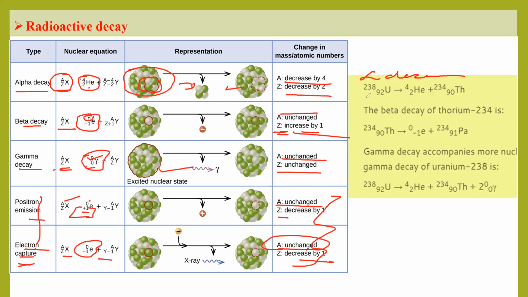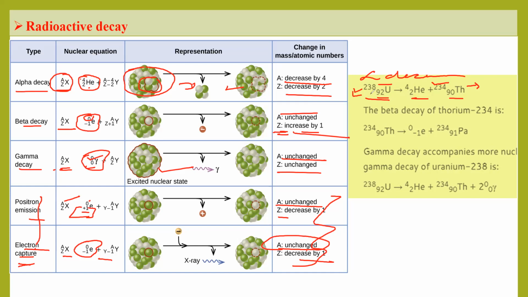For example, in alpha decay, suppose 92 uranium 238 is the initial unstable nucleus. When it releases alpha, there is a decrement in mass number by 4 to 234, and a decrease in proton number by 2, so it turns into 90. Whose atomic number is 90? That is thorium.